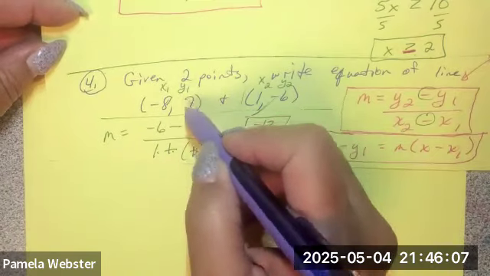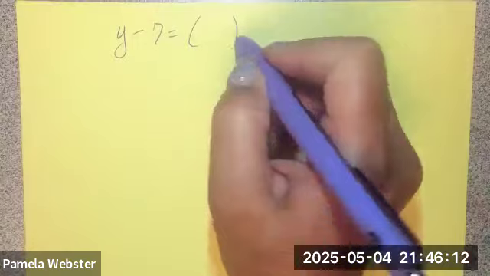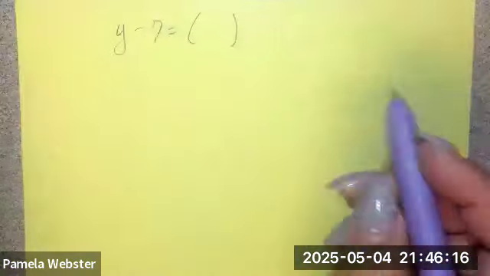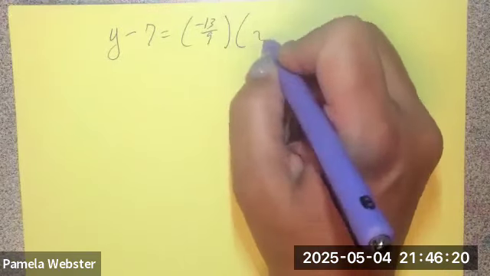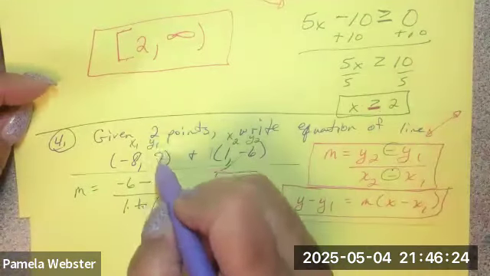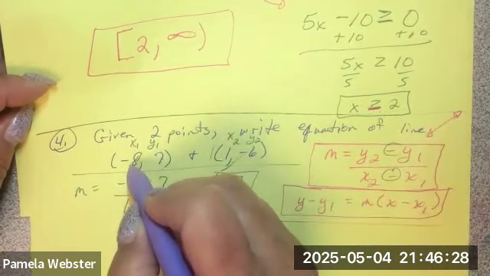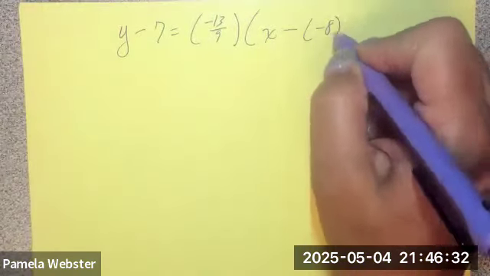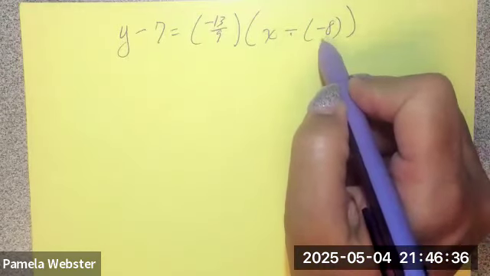So y minus 7 equals m. What was my m? We just found it. m is -13 ninths times x minus x1. I picked the 7 for my y1, which means -8 is my x1. So it's a minus from the formula and a -8 because that's in the point.